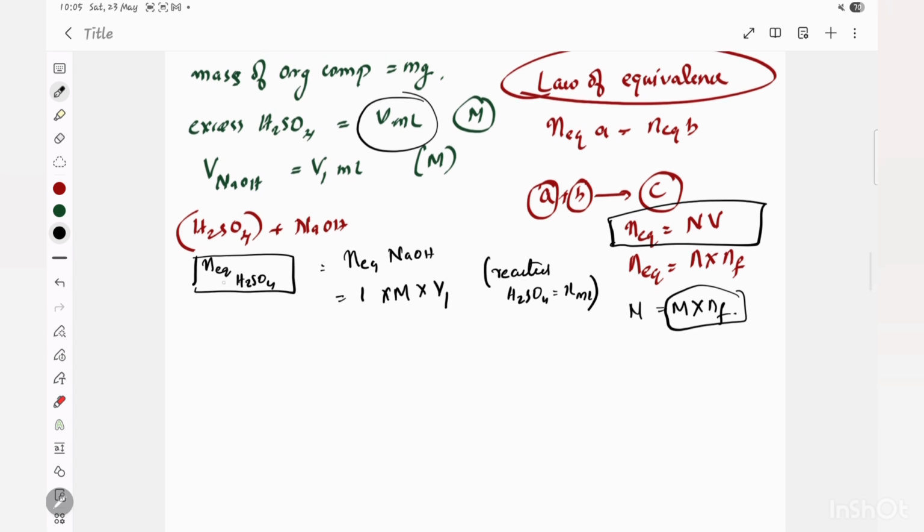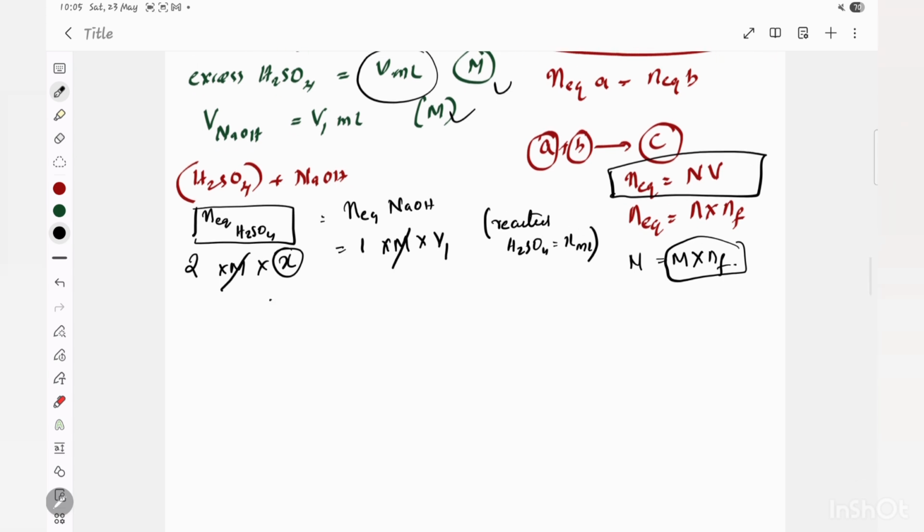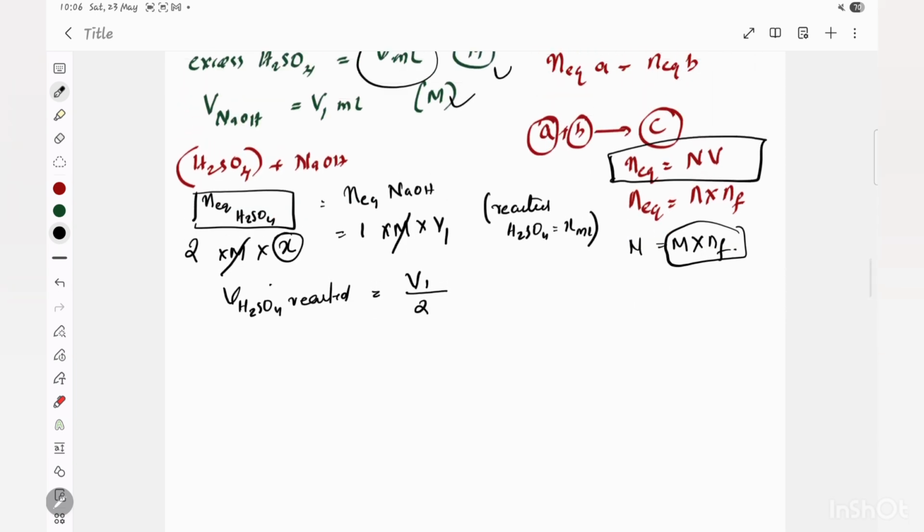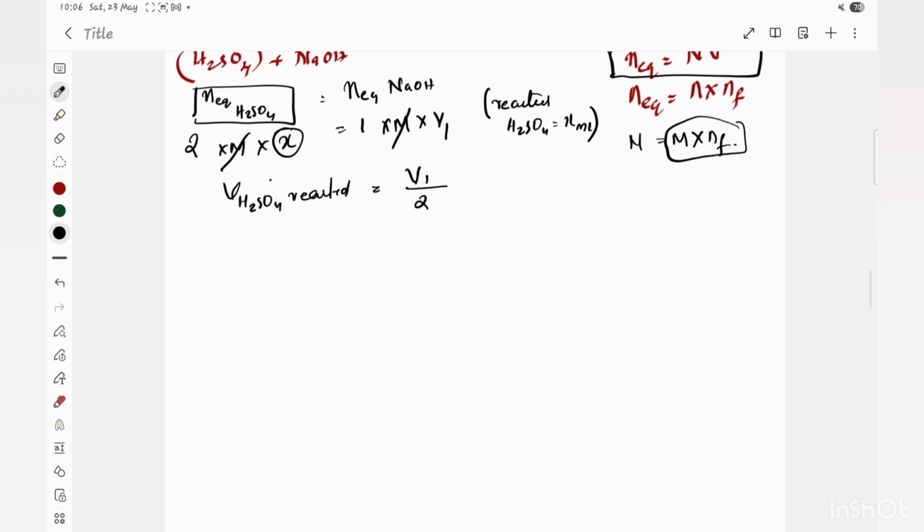So here, N equivalent of H2SO4 is N factor into molarity into x, right? What is the N factor? N factor is 2. Molarity and molarity cancel because we have taken the same molarity. So the volume of H2SO4 reacted is V1 by 2, right? That is what NCERT mentions, I will come to that.